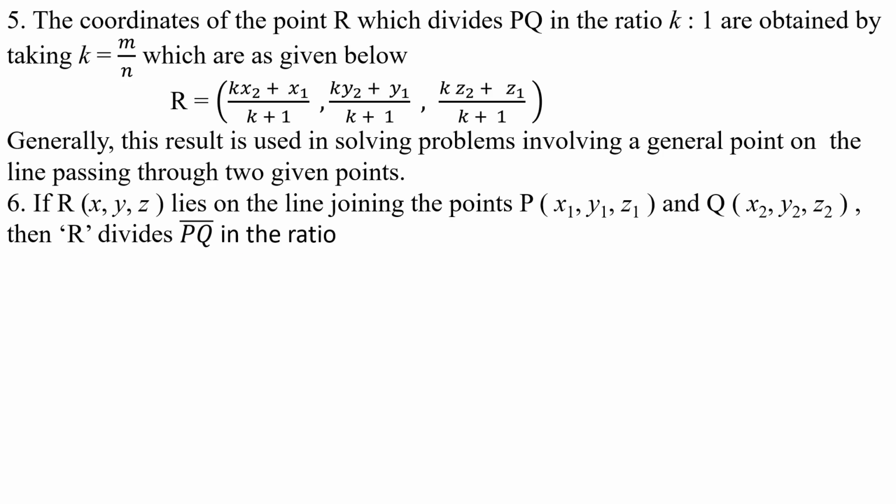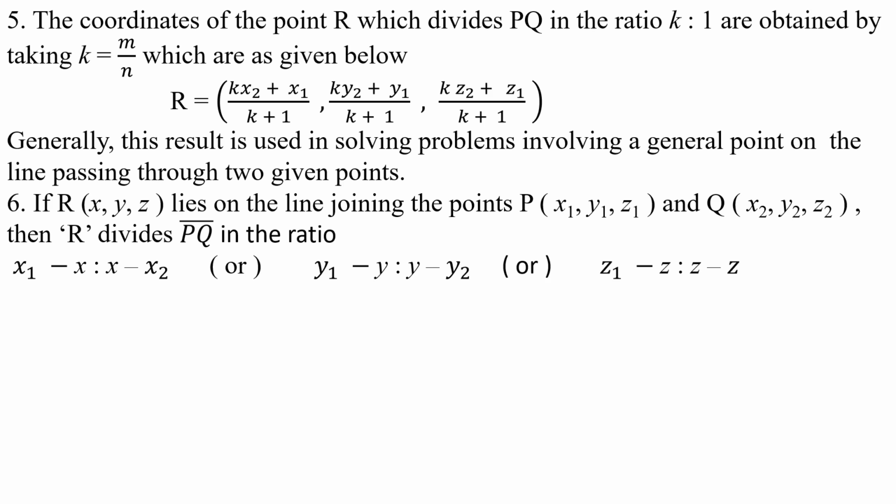Okay, my children. Right. That is (x1 minus x) is to (x minus x2), or (y1 minus y) is to (y minus y2), or (z1 minus z) is to (z minus z2).